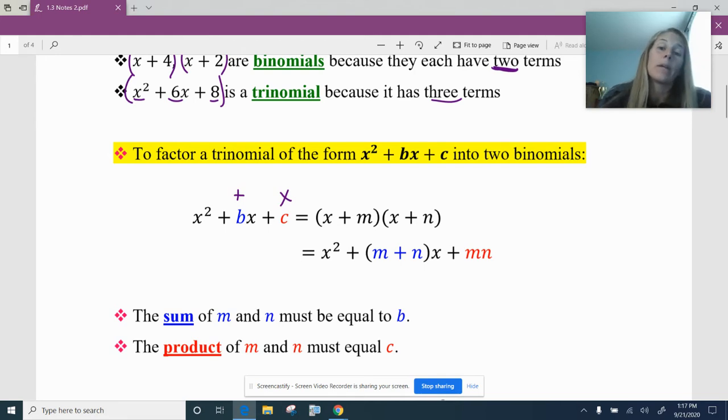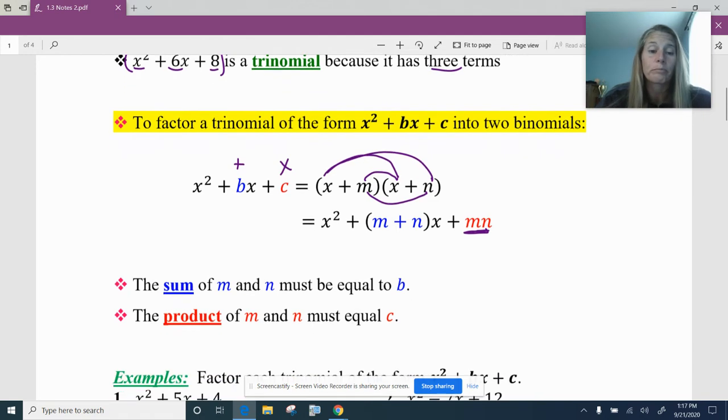When we are FOILing or distributing, x times x gives us x squared, but when we multiply those two constants, that's where we get the product at the end. And when we do x times n and x times m, those two coefficients get added together to get that middle term. So the sum of those two numbers has to equal the middle, and the product of those two numbers has to equal that constant, or that c value.